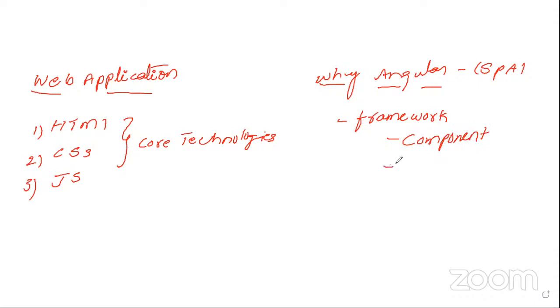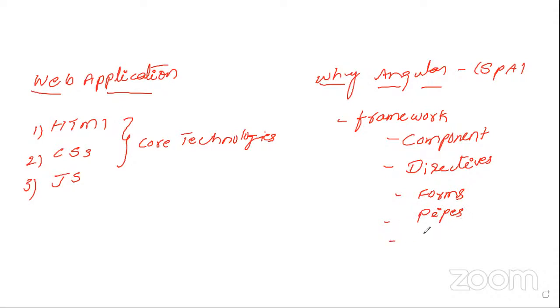I'll explain about what is a component. This Angular also has directive features, directives. Angular also has forms and form validations. Ready-made validations are there, forms and the form validations. Angular also has pipes, which is called filters in the older versions. In the latest version, the filters are called pipes.